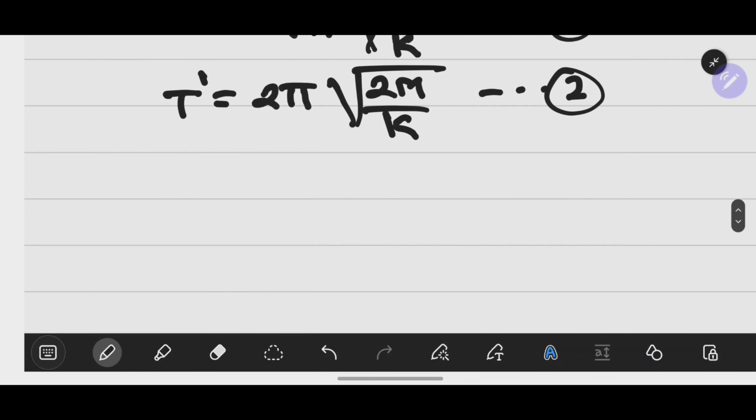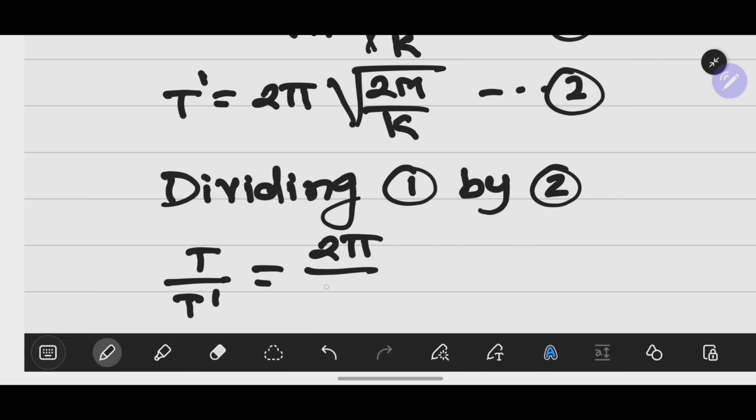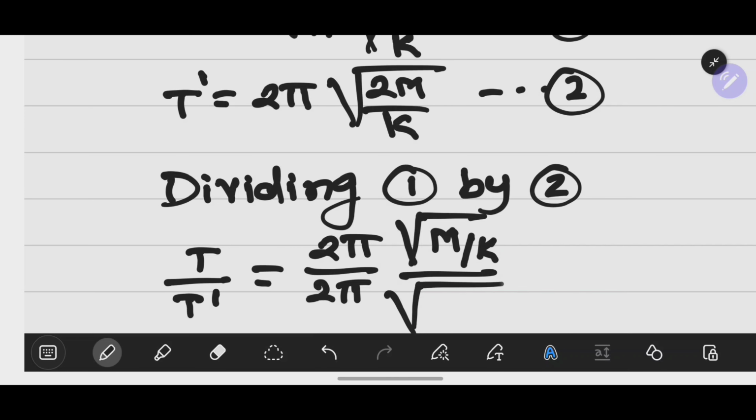Dividing 1 by 2, t upon t dash is equal to 2 pi divided by 2 pi into under root of m divided by k, over under root of 2m divided by k.